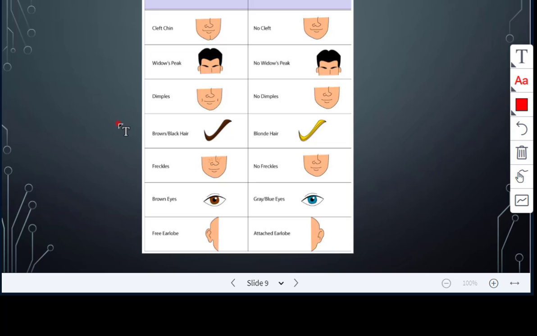Having the darker brown black hair is dominant over blonde hair. Freckles are dominant over no freckles. Brown eyes are dominant over blue or gray eyes. And then the free earlobe is dominant versus the attached earlobe, which is recessive. Those are just some more examples. Your earlobe is either free or it is attached. It's not going to be in between.